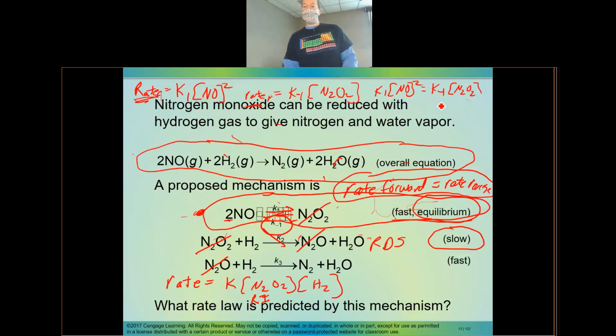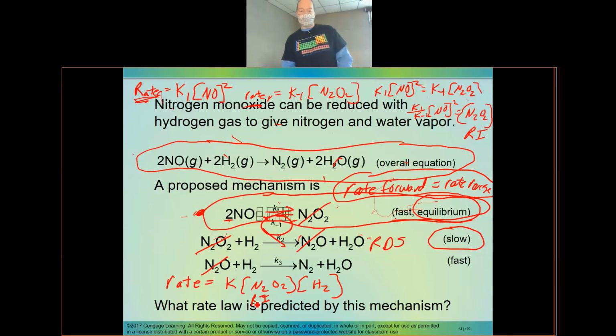And so now we solve for the reaction intermediate. And so we simply have to divide both sides by K minus 1. So K over K minus 1 NO squared. That is equal to N2O2. You always solve for your reaction intermediate because we are now going to do a substitution.